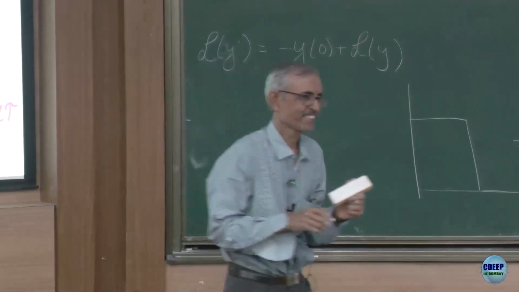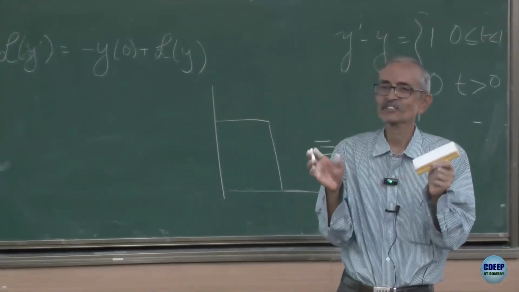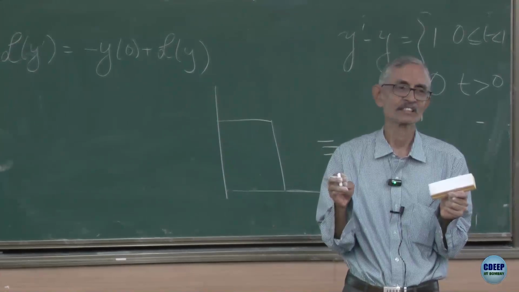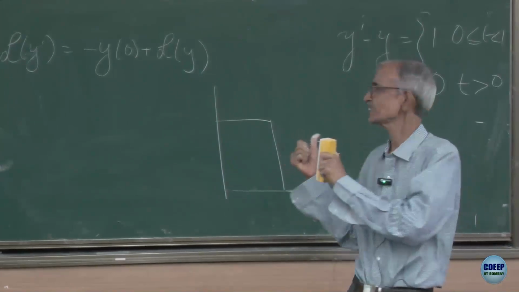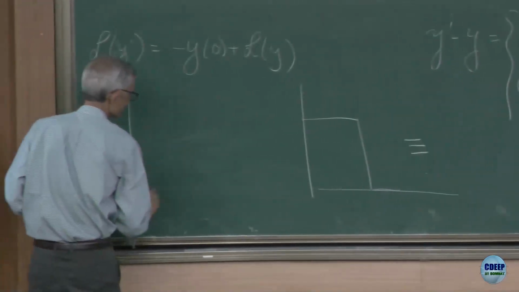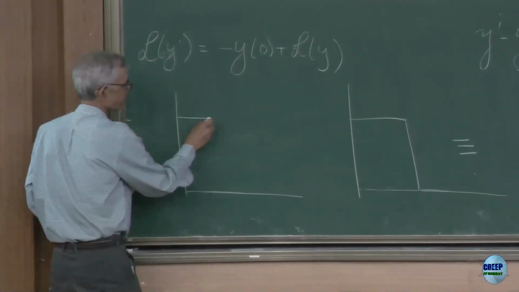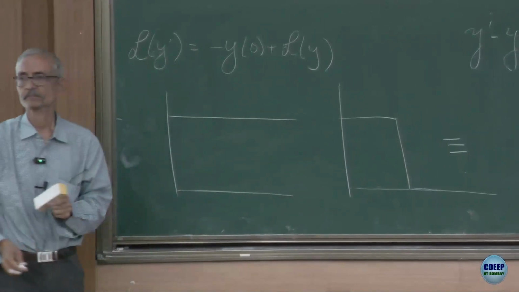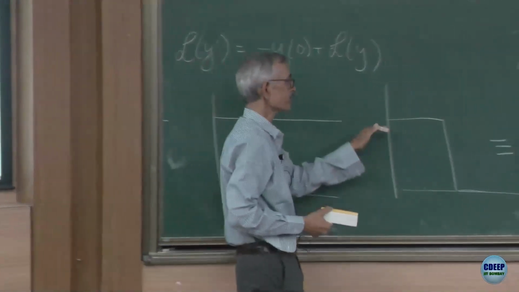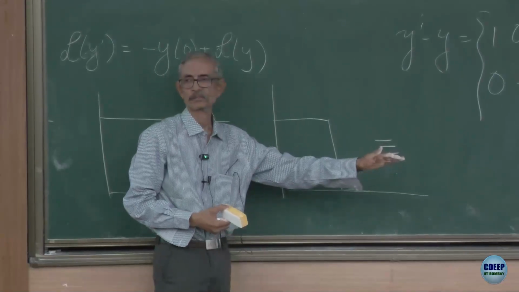Yes or no? I have this thing called the Heaviside function, right? So can I use the Heaviside function to represent this guy? What was my Heaviside function? The Heaviside function is something that just takes off and then stays like that, right? What do I have here? I have something that took off and then came down also.